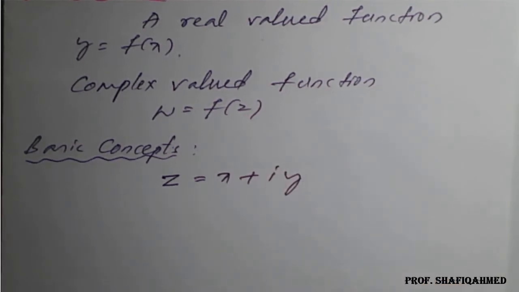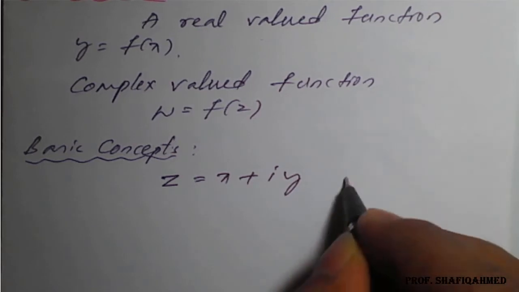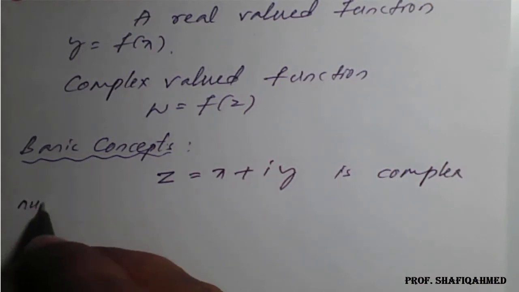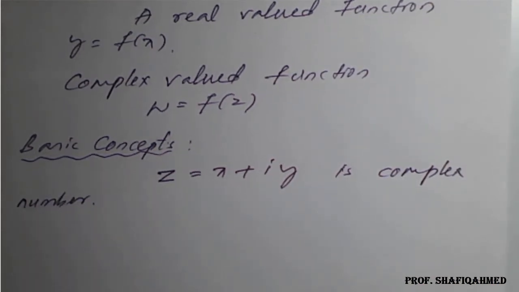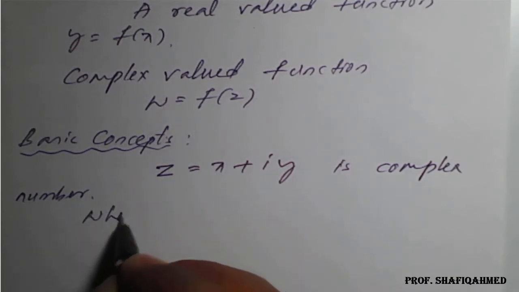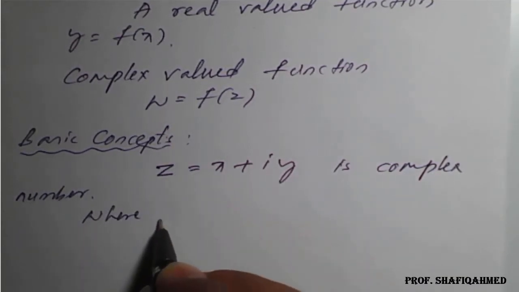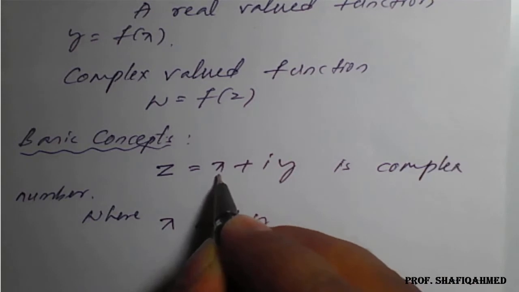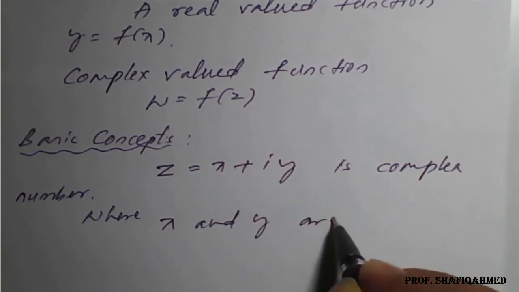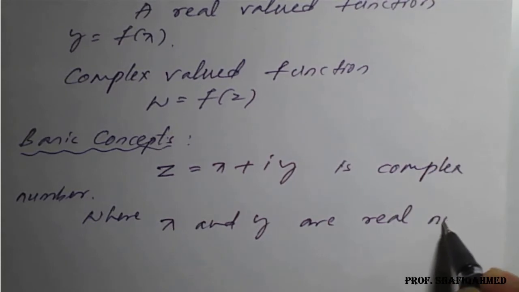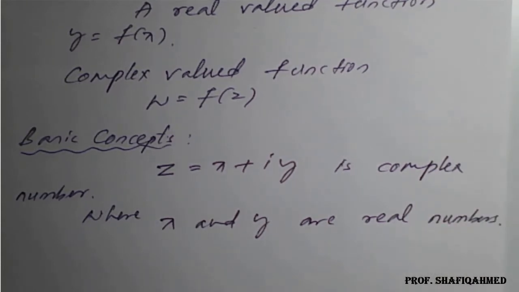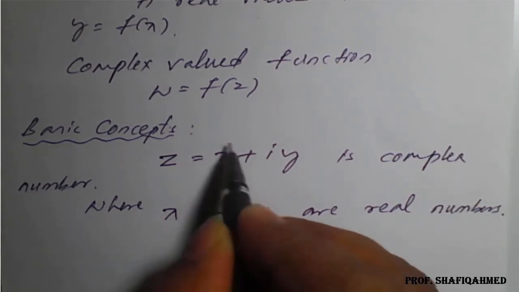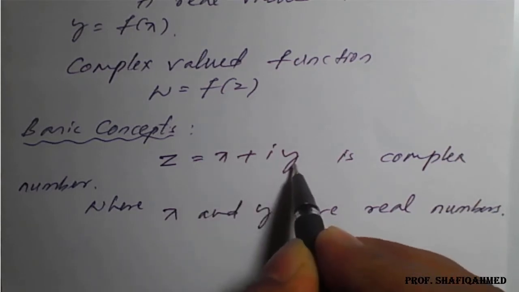So z is equal to x plus iy is a complex number, where the variable x and variable y are real numbers, and I can say that x is always called a real part and y is called what here?